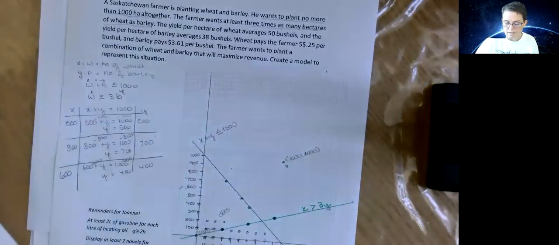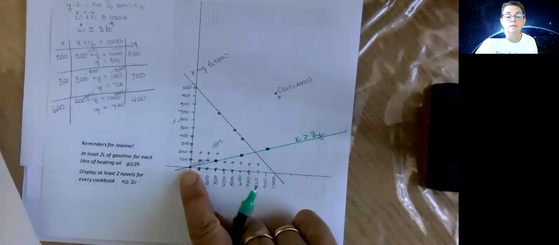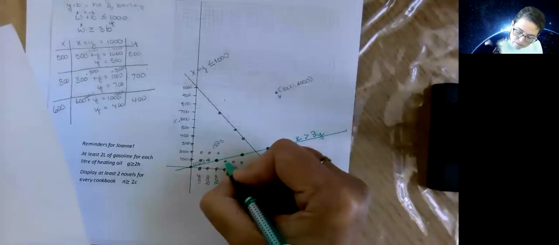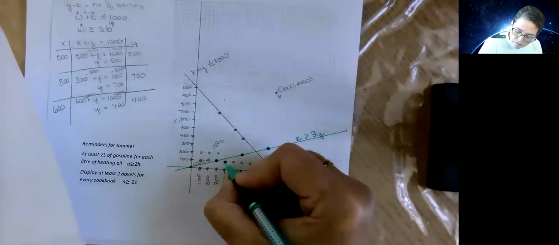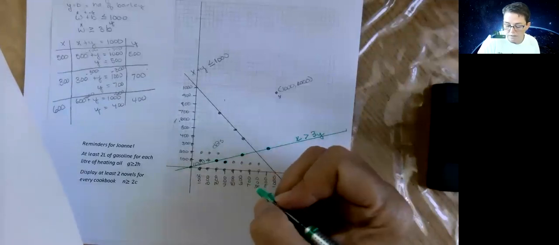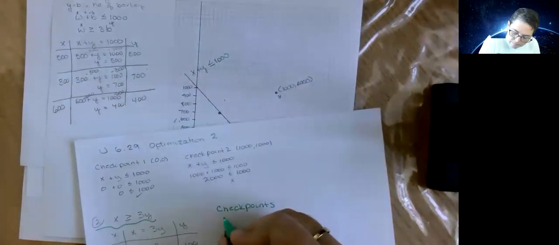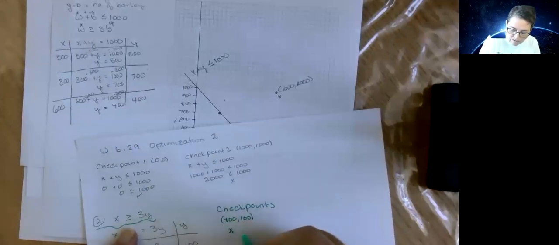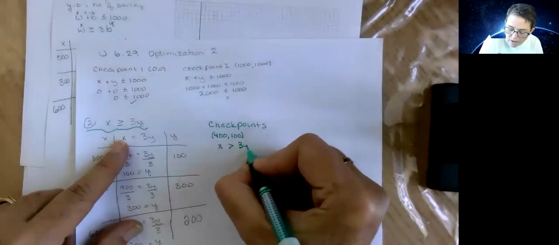Well, if we take a look at our graph, we can't use 0, 0 because that is a point on the line. So let's use 400 by 100. So we've got x is greater than 3y.